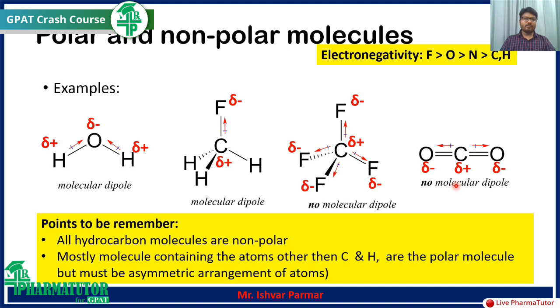So it is a non-polar molecule. And you can explain it by electronegativity, which means the tendency to pull the electron towards itself. If we compare fluorine, oxygen, nitrogen, carbon and hydrogen, fluorine has the highest electronegativity, then oxygen, then nitrogen, carbon and hydrogen.